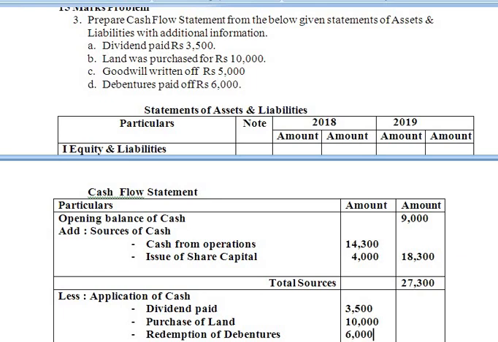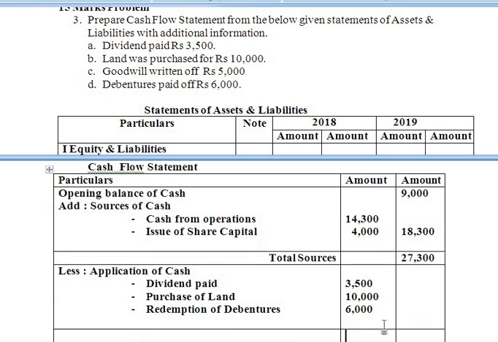Okay, now make the total. 3,500 plus 10,000 plus 6,000. So the total is 19,500. Okay, total is 19,500.